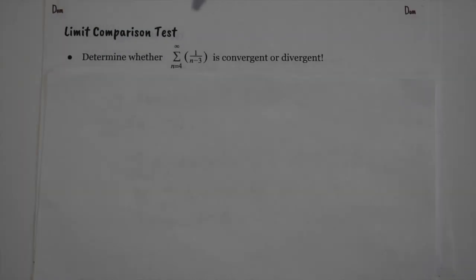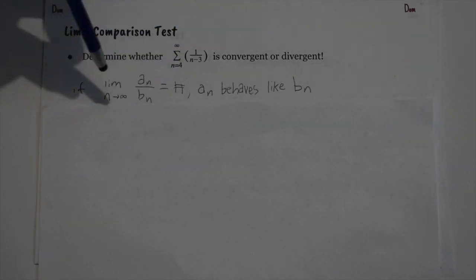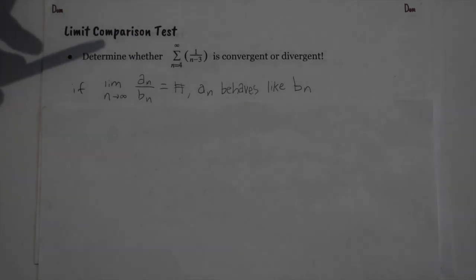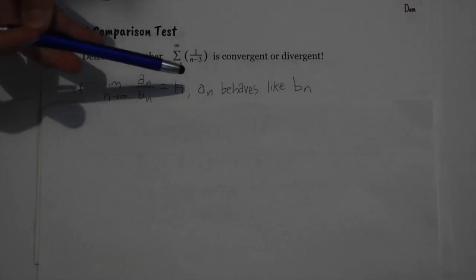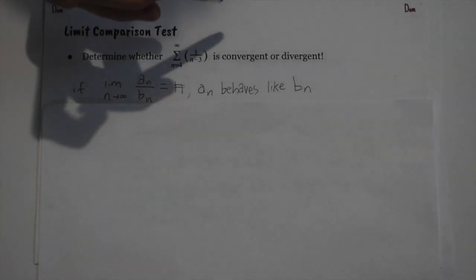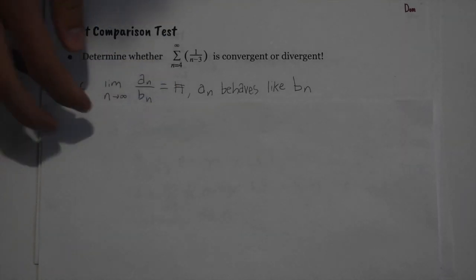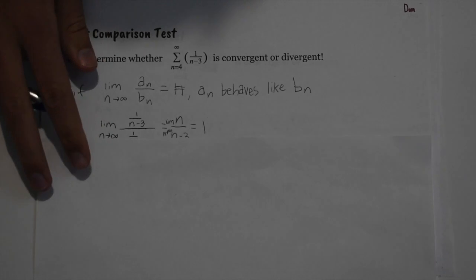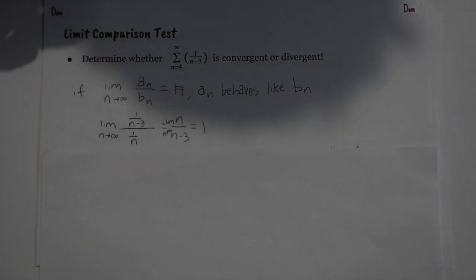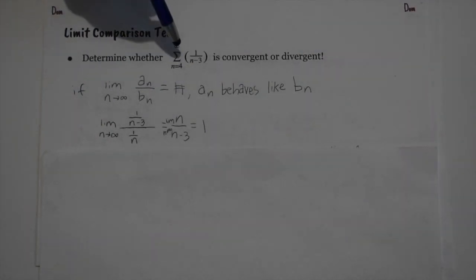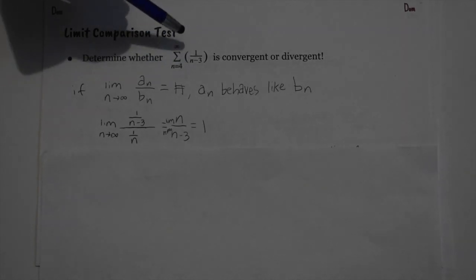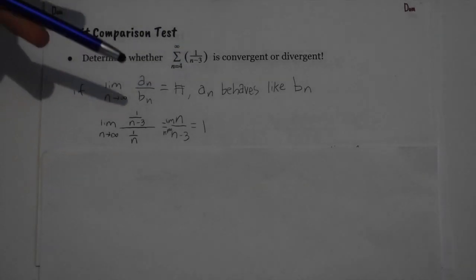For the limit comparison test, this one's a lot more useful. You can use it a lot more times. The logic is, if this guy divided by a thing we're comparing it to equals a number, this original guy will behave like that guy when n goes to infinity. To make an easy comparison to 1 over n minus 3, I compared it to 1 over n.